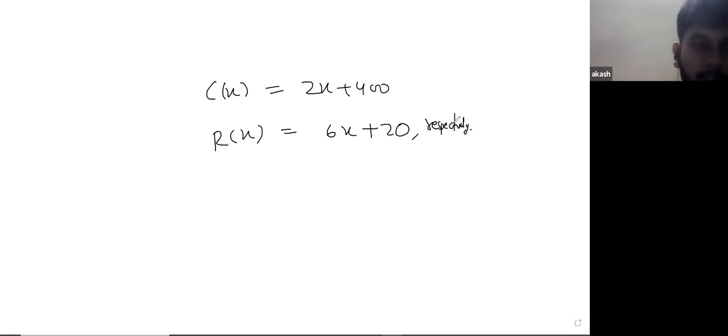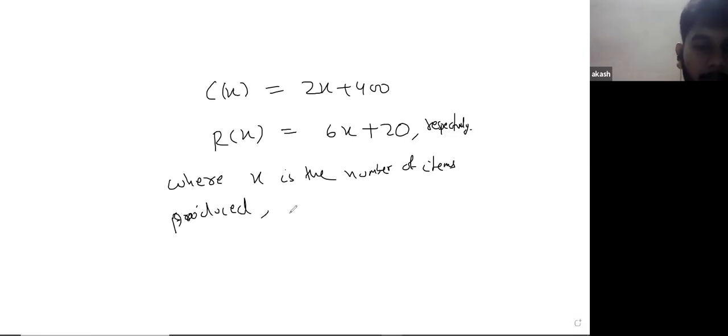Okay. The cost and revenue functions of a product are given by, I've written out the equations, C(x) equals 2x plus 400, R(x) equals 6x plus 20, respectively, where x is the number of items sold or produced by the manufacturer.